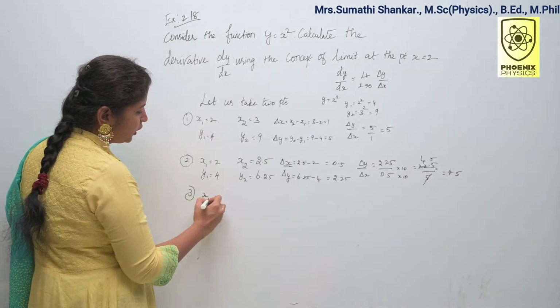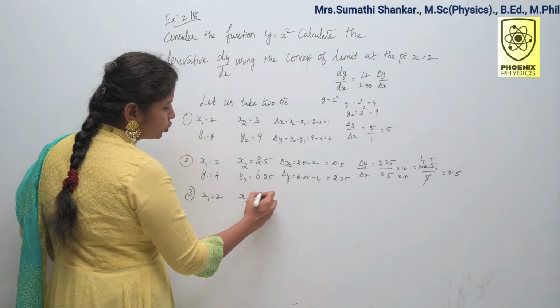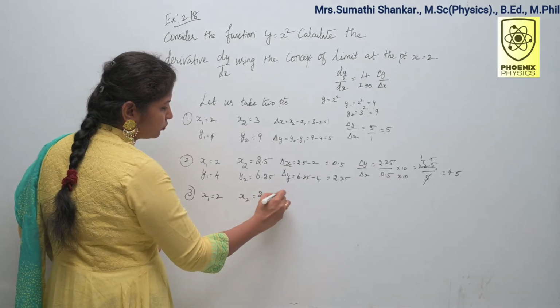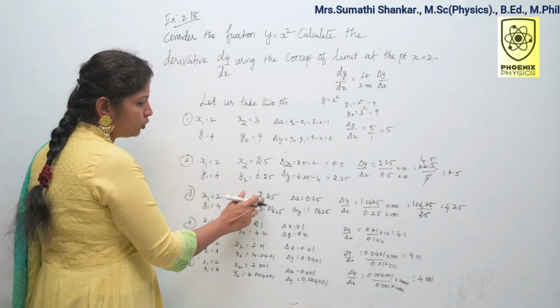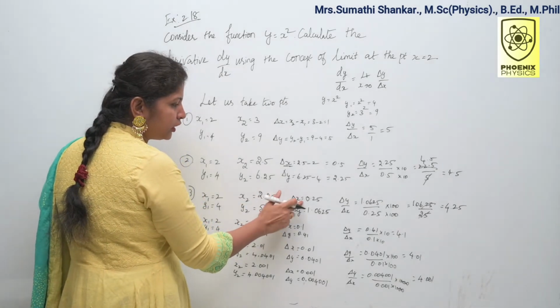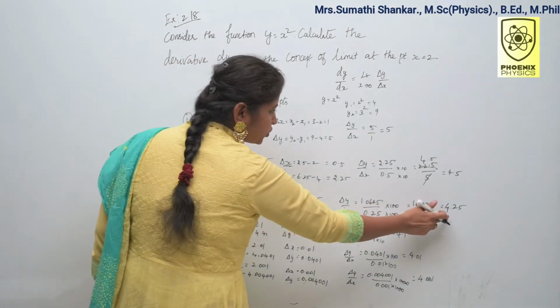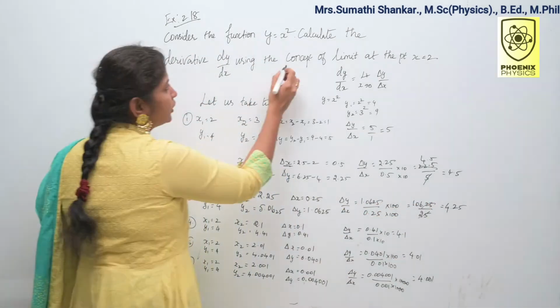So you take x1 is equal to 2 and x2 is equal to 2.25. Then you can get delta x value as 0.25 and delta y by delta x is equal to 4.25.